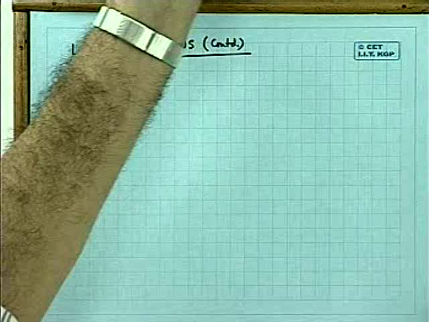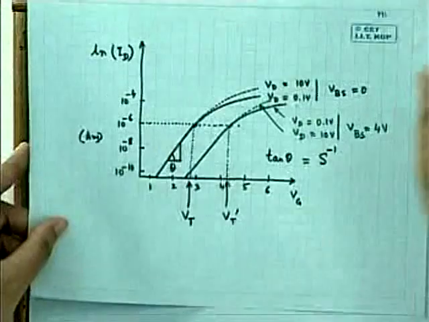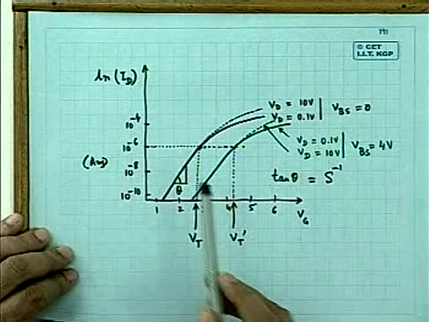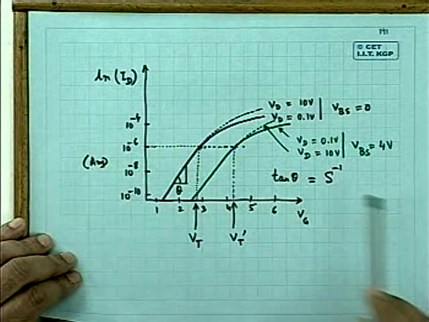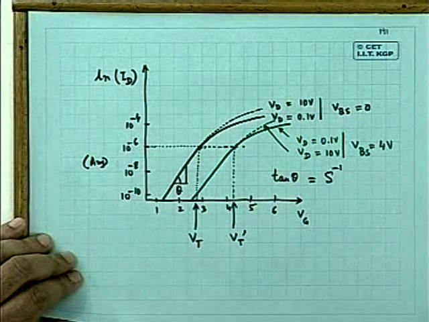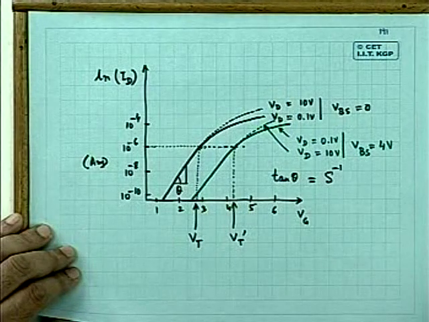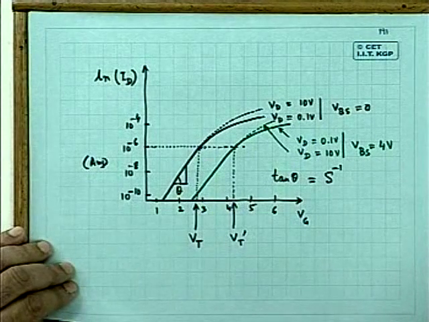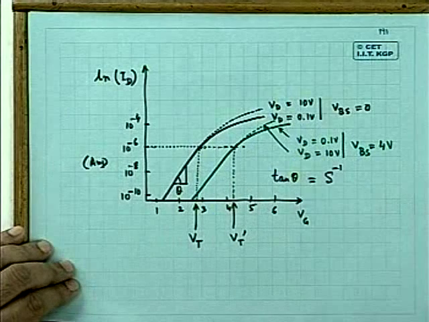Based on this, as I told in the last class, we get a plot of Id versus Vg for different values of Vd, and we can also include Vbs if you like, modifying the threshold voltage equation, and we get a curve something like this.